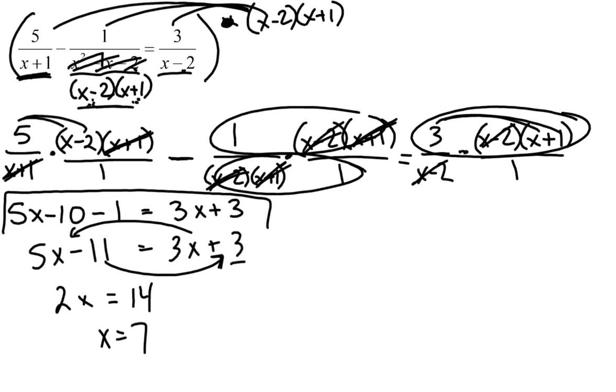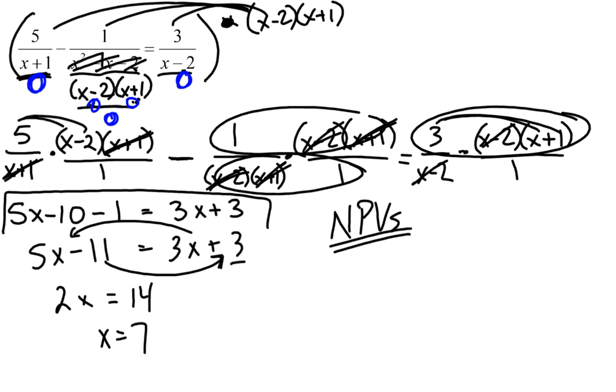Now, we have to be careful because we always have to verify. And verification of these, remember, depends on your NPVs. What are the NPVs for this question? Well, again, we don't want a denominator of 0 there, or here, which means neither one of those can be 0, and we don't want a denominator of 0 there.